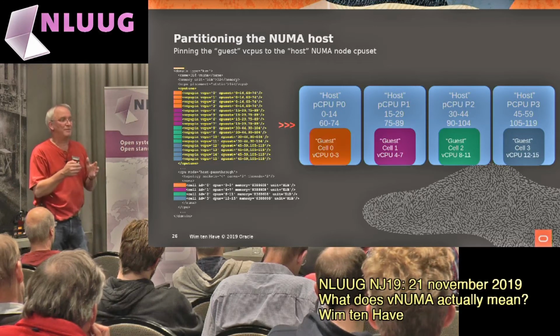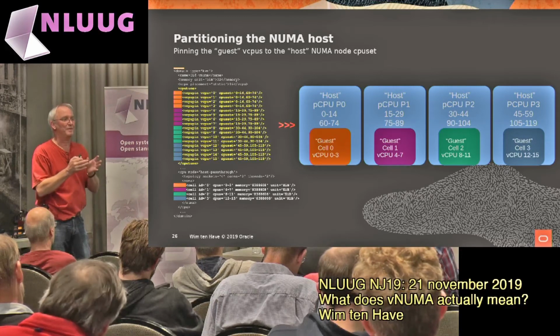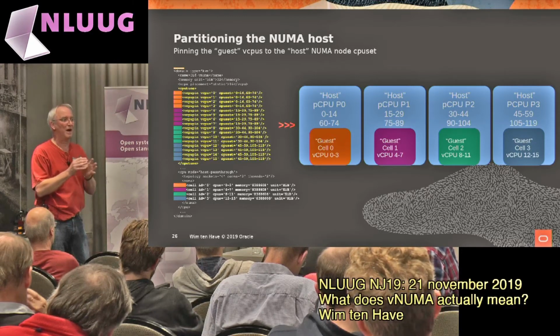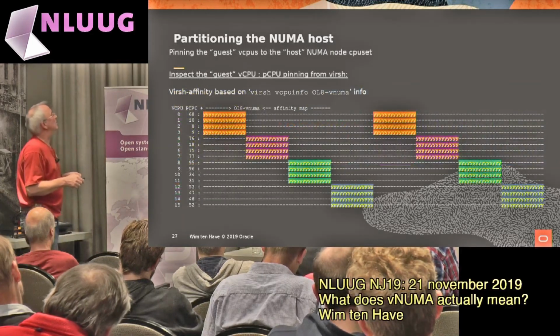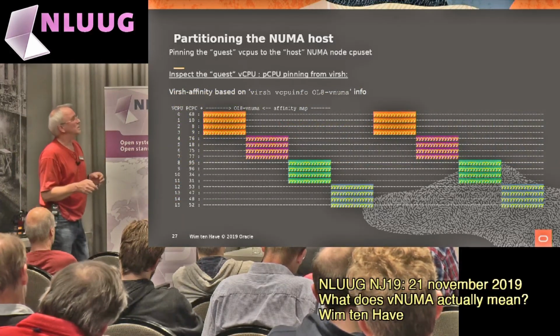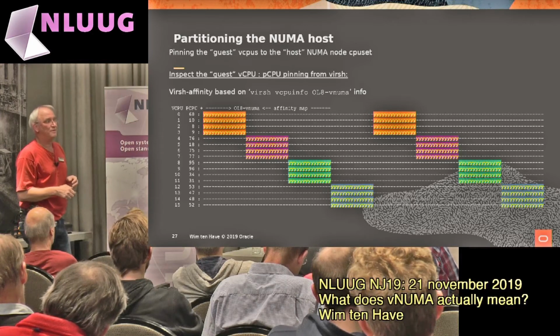And that is nice, but if you have to do that for one guest and the other guest adjacent to it, you have to create a very complex schema, like what is assigned to what? It's almost impossible.